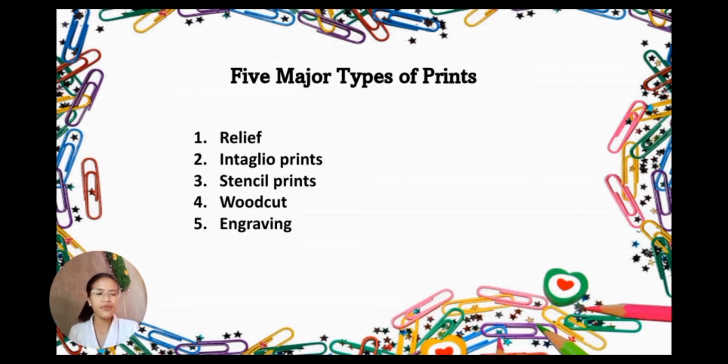So intaglio prints may also include texture. Next is stencil prints. So stencil prints are made by passing inks through a porous fine matrix.